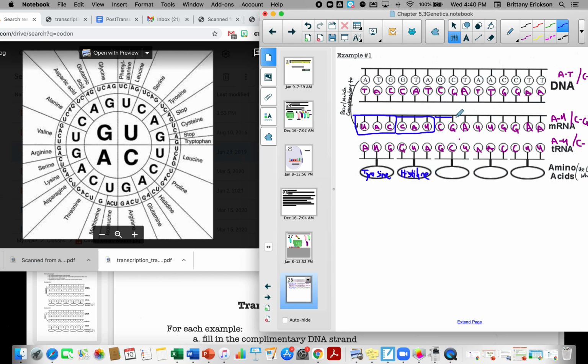Now we're going to take a look at the third codon, CGA, arginine. Okay, the fourth codon, UUG, leucine.